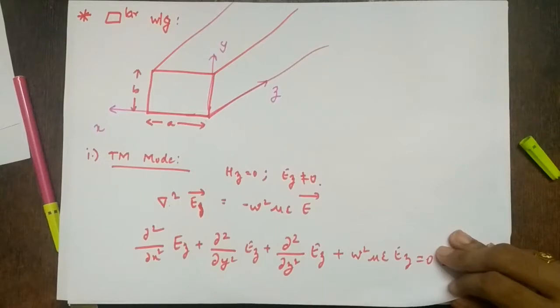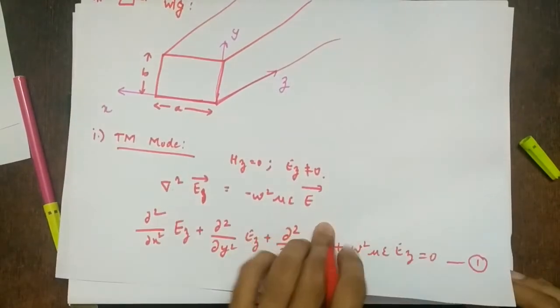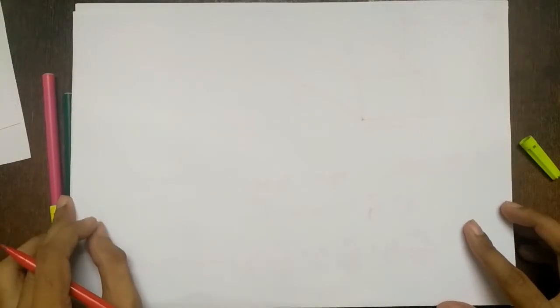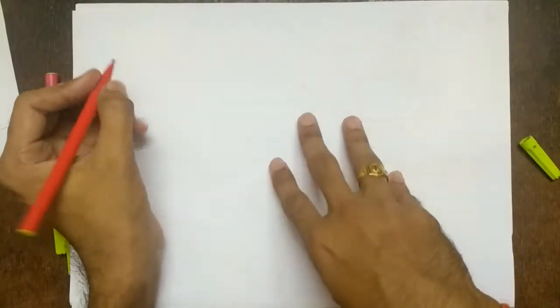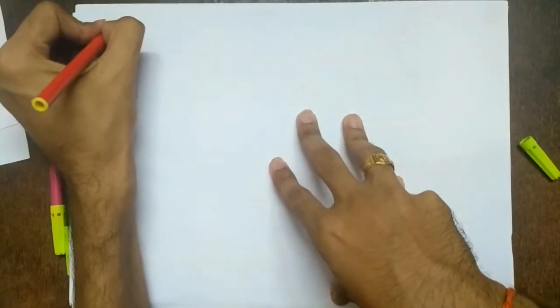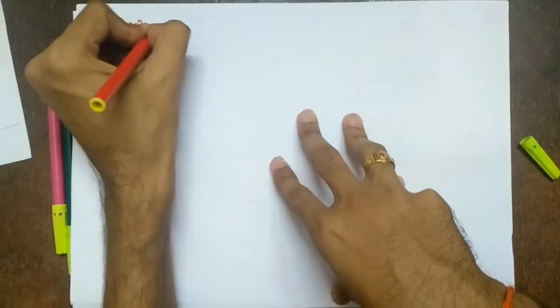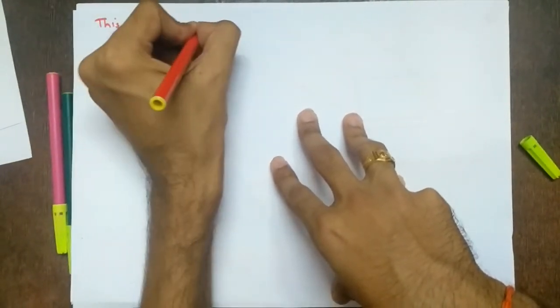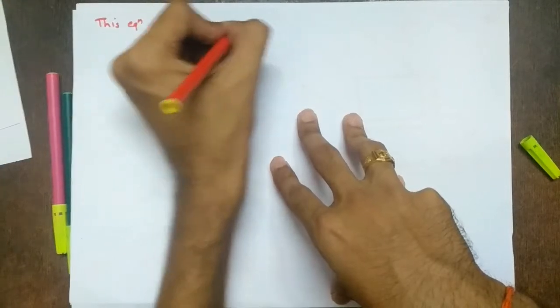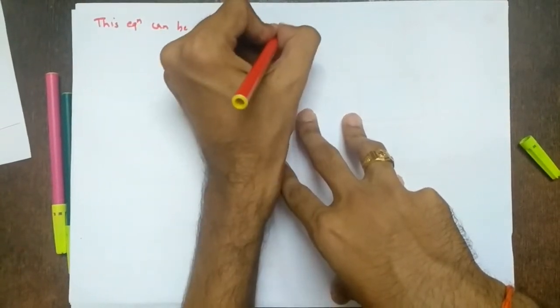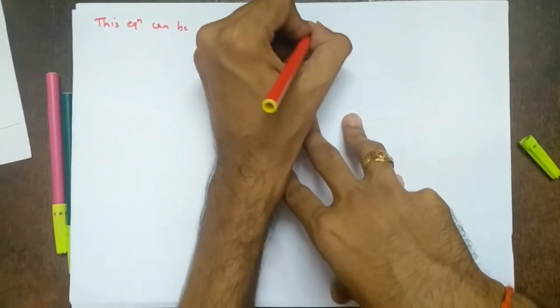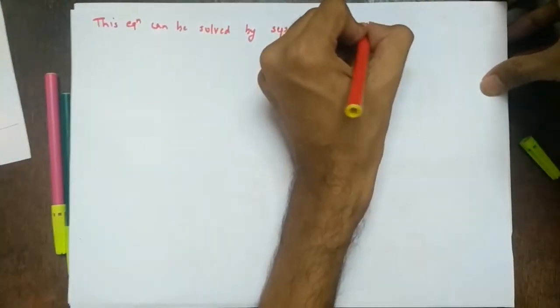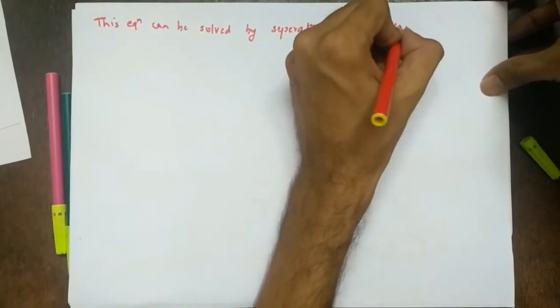So again, what is our aim? To find this Ez, right? So then what we say is this equation can be solved by the method of separation of variables.